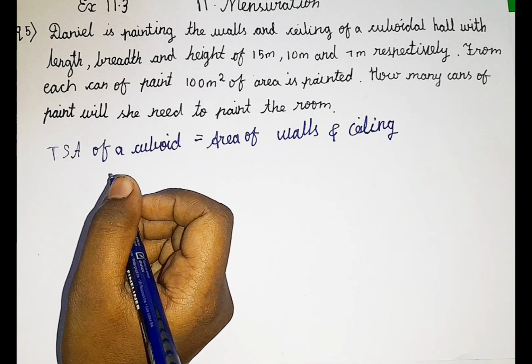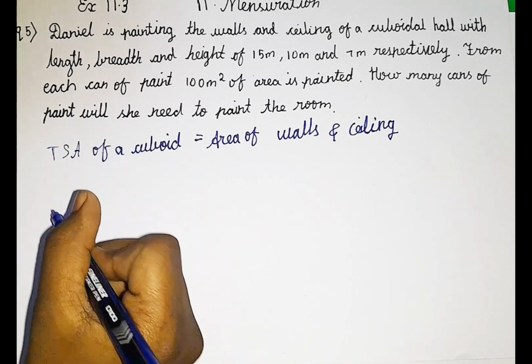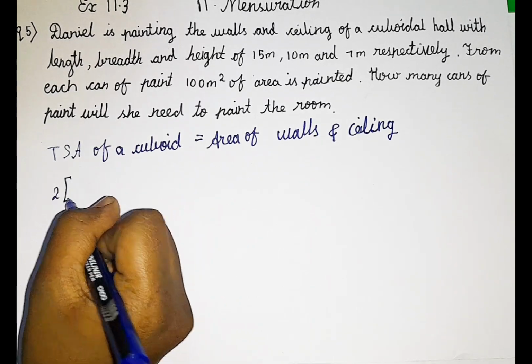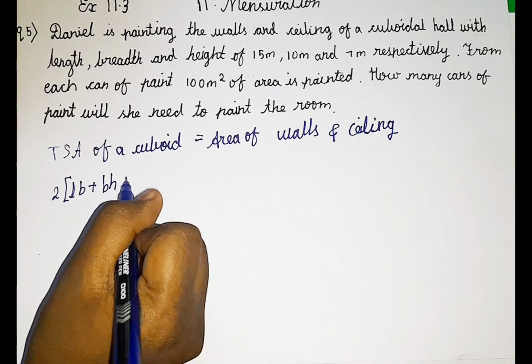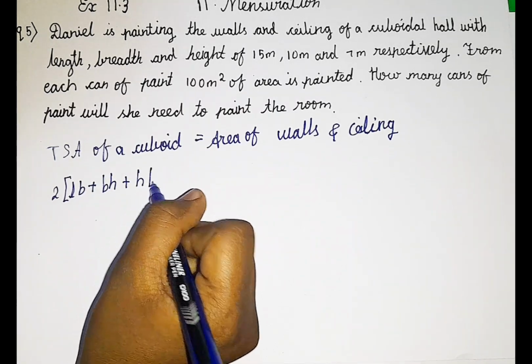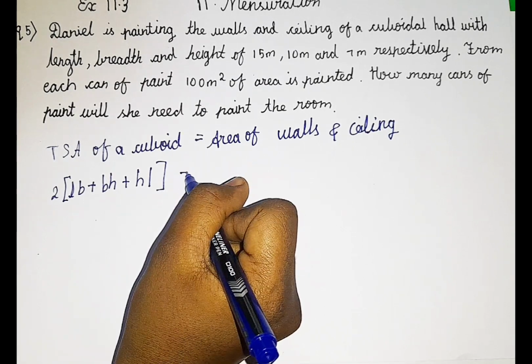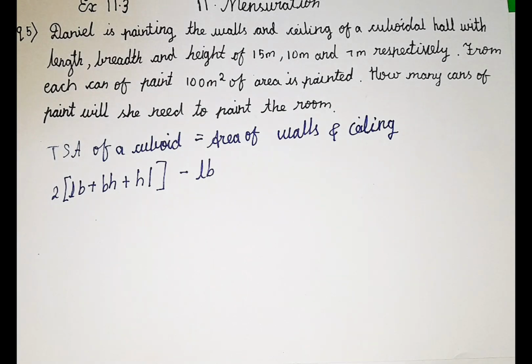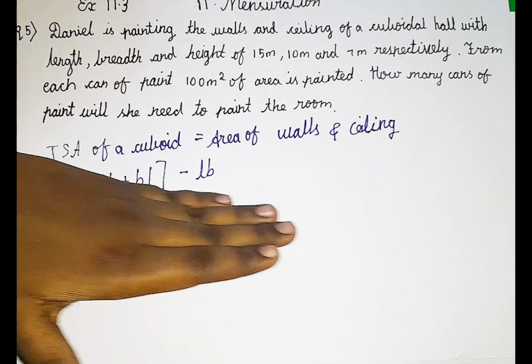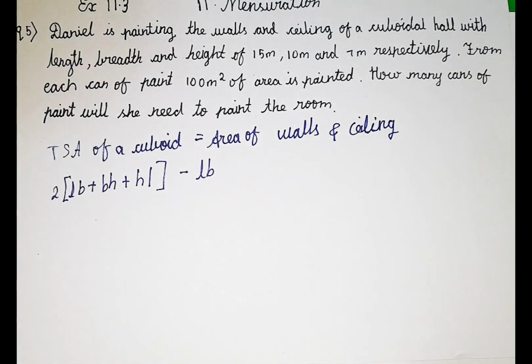So what's the formula? Let me replace it with the formula. That is 2 into length breadth plus breadth height plus height length, minus LB. So why minus LB? Because in the bottom, in the down part, we will have length and breadth.